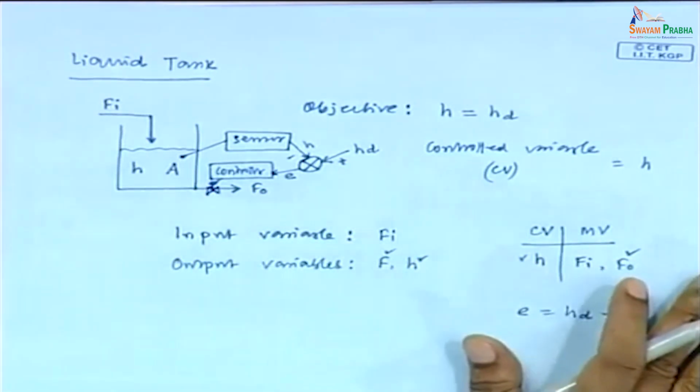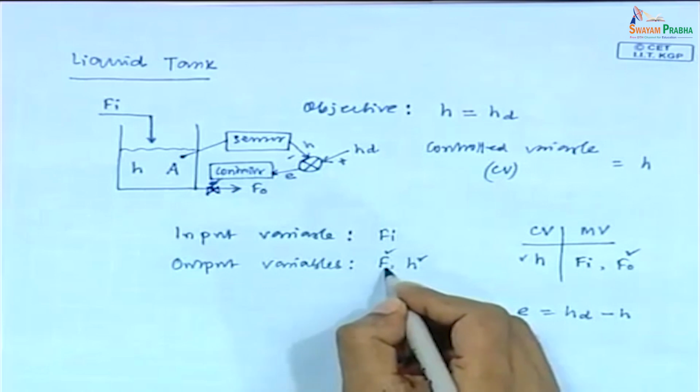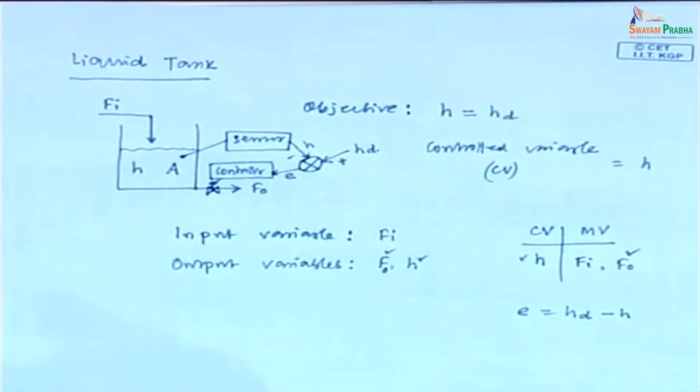Now, can you tell me whether F naught is an input variable or output variable? You see the classification, is the manipulated variable under input variable or output variable? Input variable.